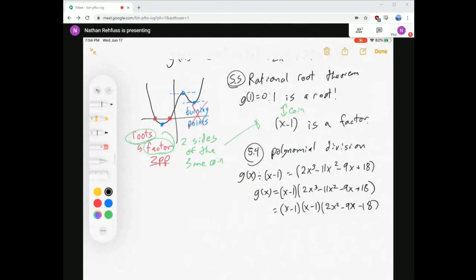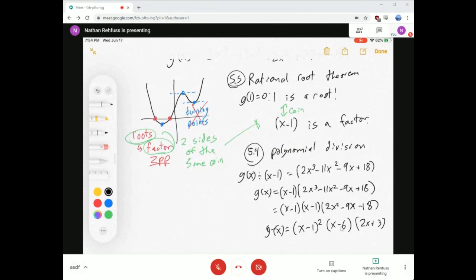That would be negative 12 and positive 3. So negative 12 and positive 3, except I have to divide by that 2, so it would be negative 6 and 2x plus 3. And I'm going to write the x minus 1s as x minus 1 squared. So g of x is x minus 1 squared times x minus 6 times 2x plus 3.